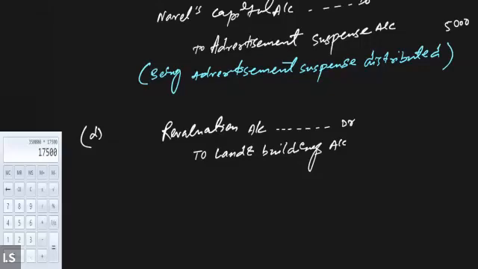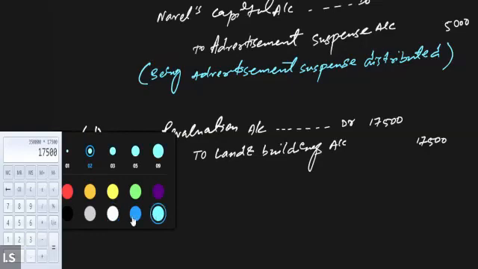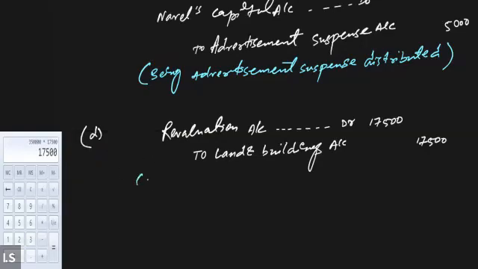So what I'm going to do, I'll write down, revaluation account will be debited by 17,500, and land and building is reducing by 17,500. Therefore, land and building account is credited. And the narration that I'll have to write is, being decrease in land and building.